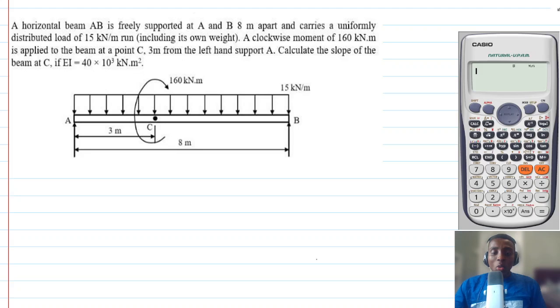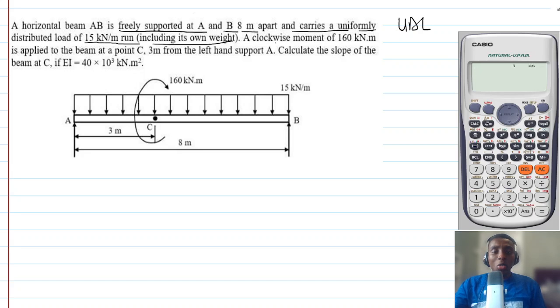Over here we've got a horizontal beam, and this horizontal beam is freely supported at A and B, which is 8 meters apart. It carries a uniformly distributed load, a UDL of 15 kilonewton per meter, including its own weight, so it spans across the entire length.